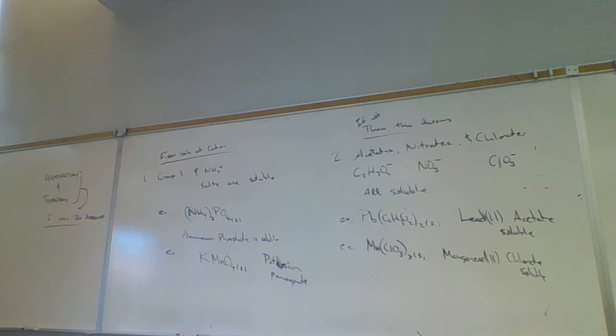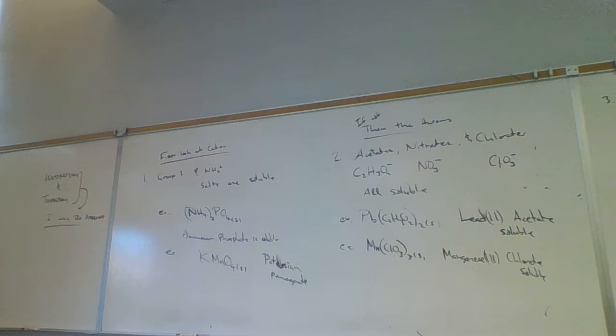If it's not an acetate, nitrate, or chlorate, then the next group of anions we look for are chloride, fluoride, bromide, and iodide. The formula for chloride is what? Cl?